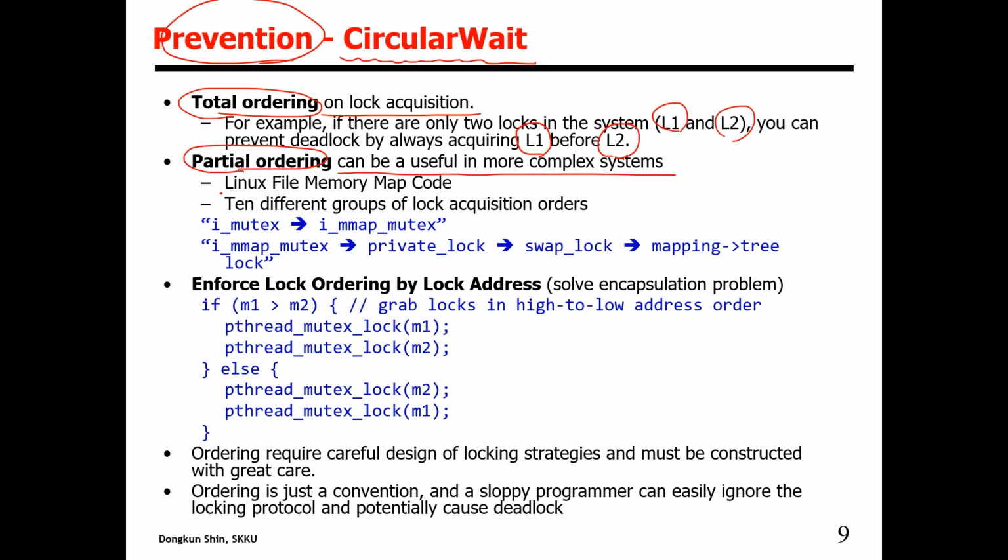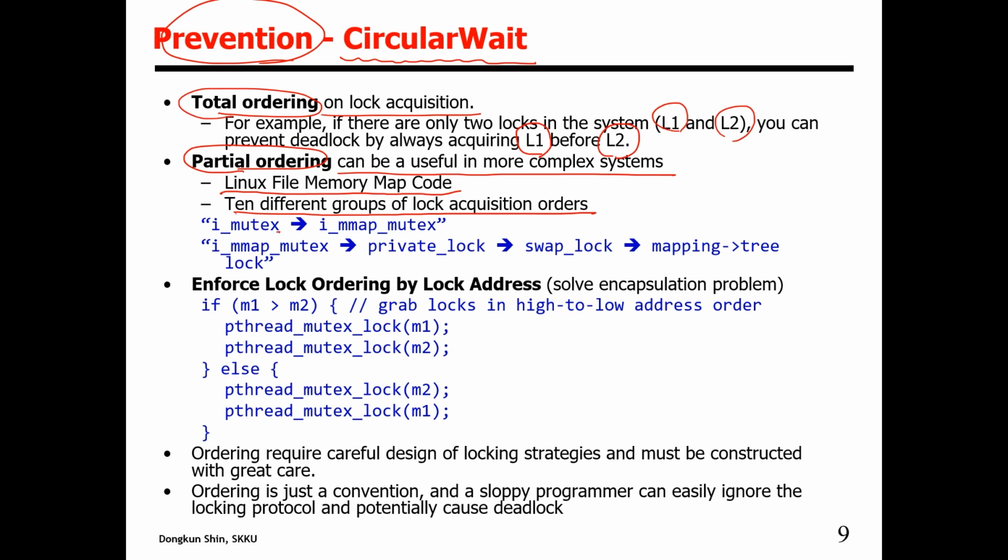For example, the Linux file memory map code also uses partial ordering. Here, 10 different groups of lock acquisition orders are provided. So the Linux programmer must follow the partial order between the lock variables.